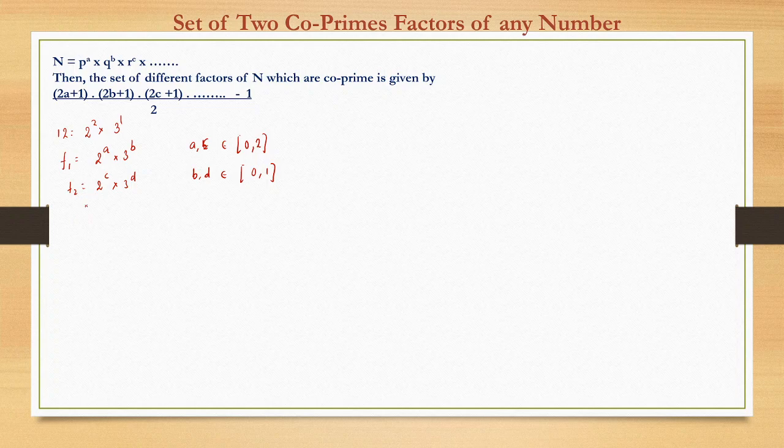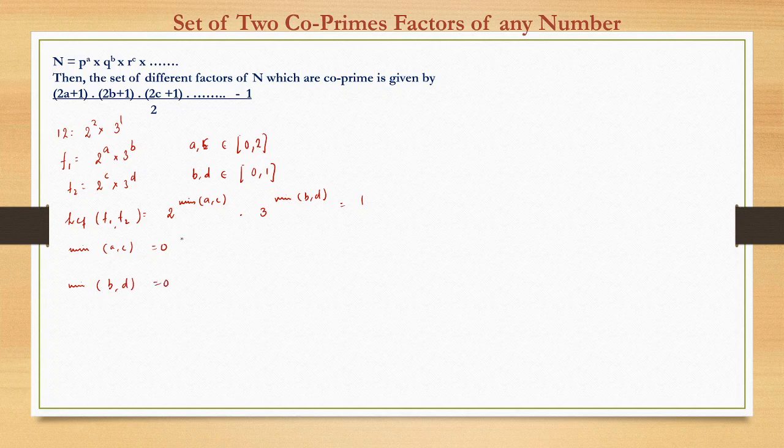Now see, HCF of f1 f2 will be 2 raised to power minimum of a c into 3 raised to power minimum of b d, such that it is 1, right? So the minimum of a c has to be 0, and the minimum of b d has to be 0.